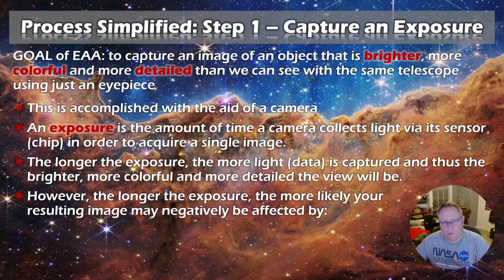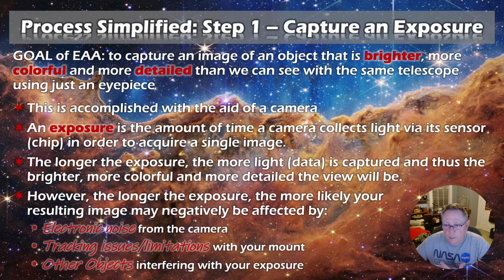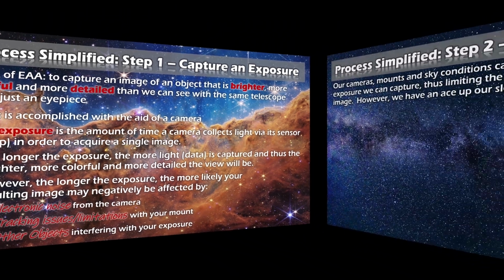However, the longer your exposure, the more likely the resulting image might be negatively affected by any sort of electronic noise from the camera. You might encounter some tracking issues or limitations with your mount, or there might be other objects interfering with your exposure, like satellites or airplanes coming through your field of view.